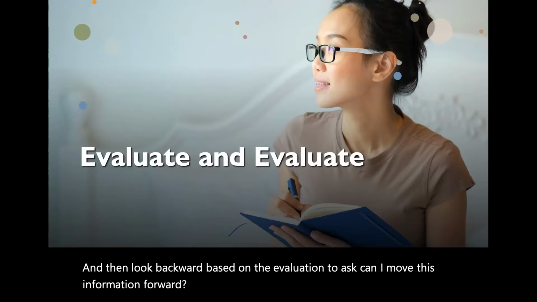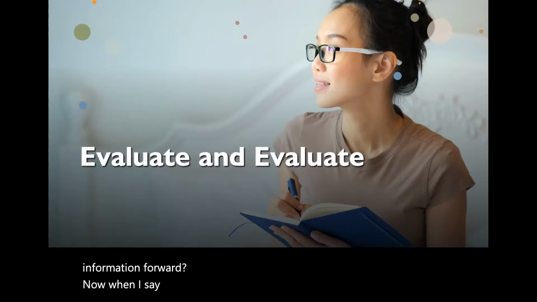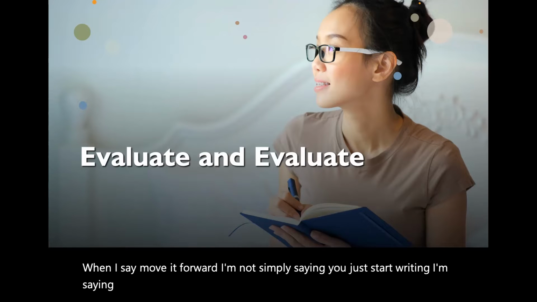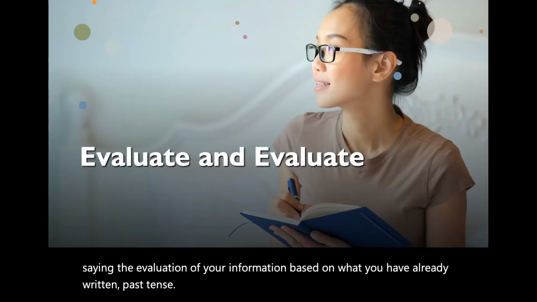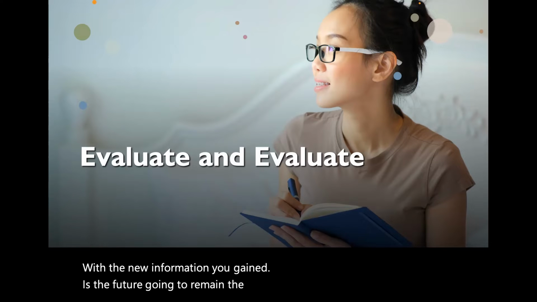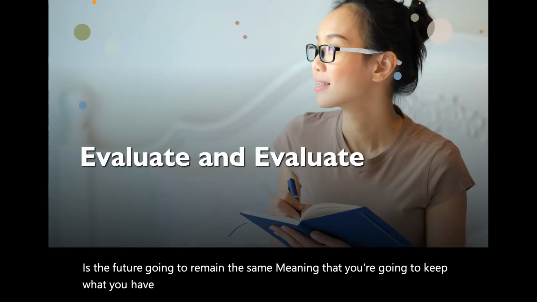And when I say move it forward, I'm not simply saying you just start writing. I'm saying the evaluation of your information based on what you have already written, past tense, with the new information you gained: is the future going to remain the same, meaning that you're going to keep what you have written, or are you going to change it based on new information?